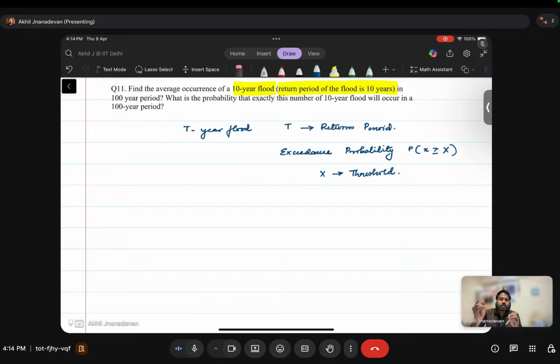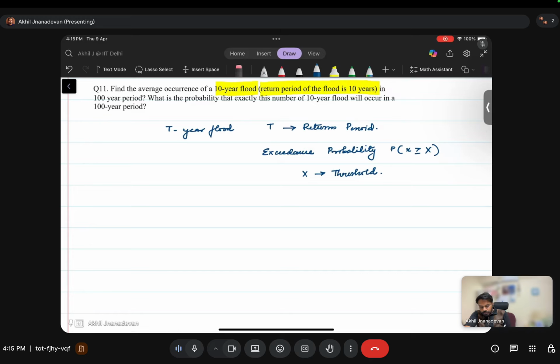If we are trying to define a particular year as a flood year, we can define it based on the rainfall it received, or using the discharge or runoff it received in that year. If we say it is above X amount, then this particular probability has a return period of 10.